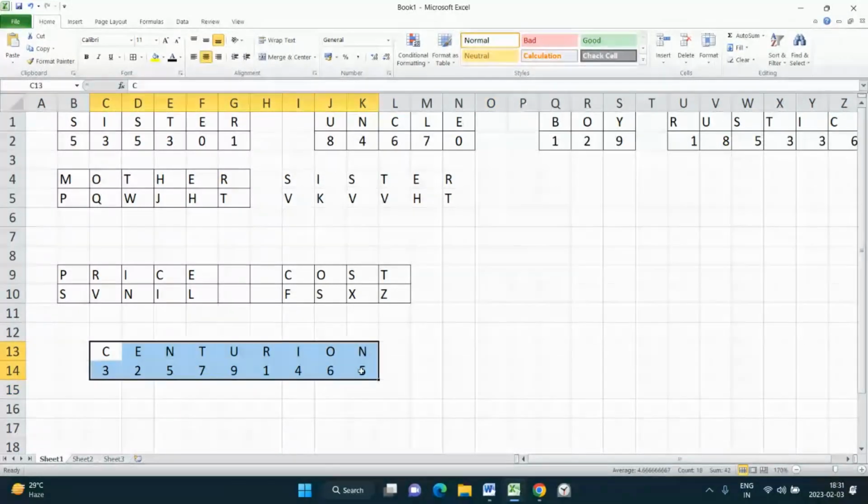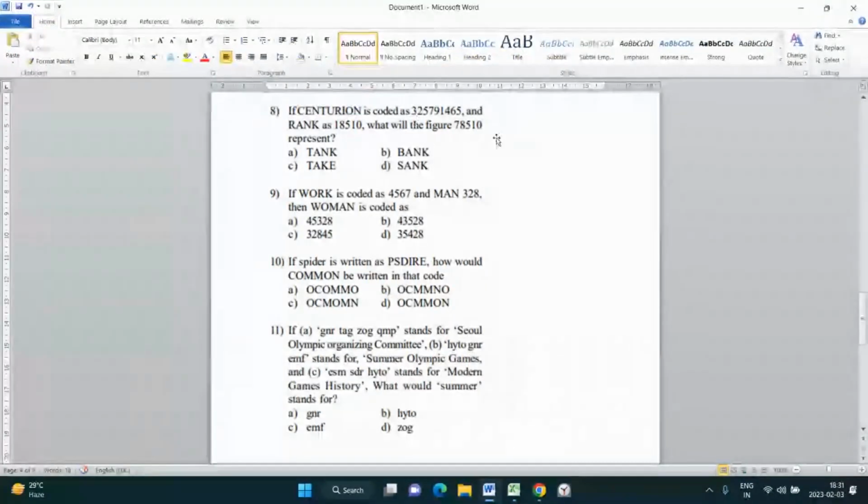Centurion is coded as this. What else he is saying?